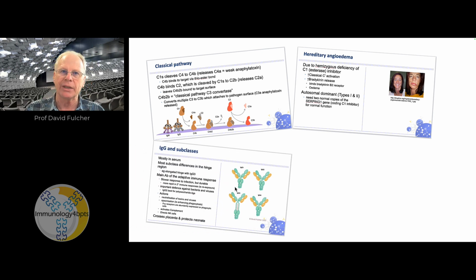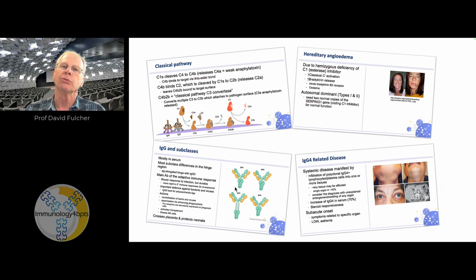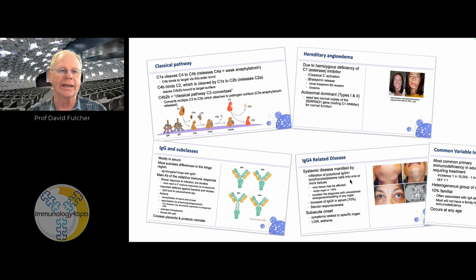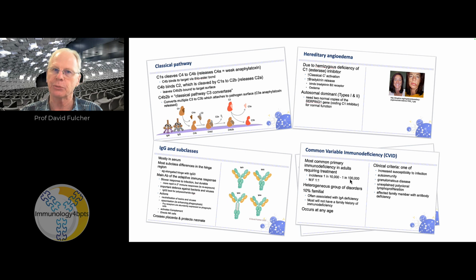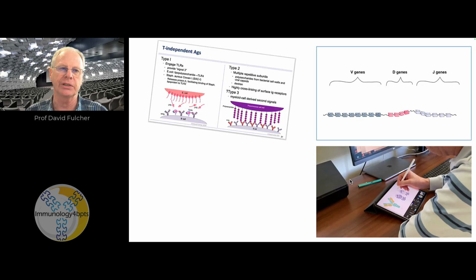I teach you all about the structures of the immunoglobulins, but in the next lecture, we immediately illustrate that by showing you why you need to know about the different types, for example, of IgG in this important condition, the IgG4 related disease. And what happens when it goes the other way and IgG is missing, and how does IgG deficiency present itself in the form of common variable immunodeficiency.